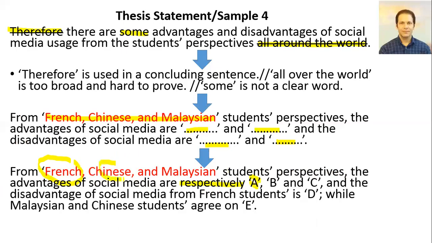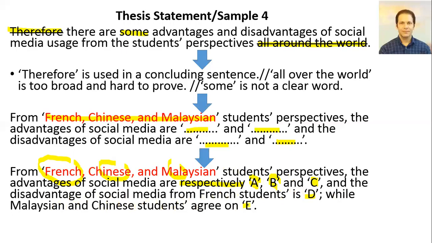Chinese are mentioned second, so the advantage of social media for Chinese students is B, and for Malaysian students, the advantage would be C. And the disadvantage of social media from French students is D. So it means that French students believe the disadvantage is D, while Malaysian and Chinese students agree on E.